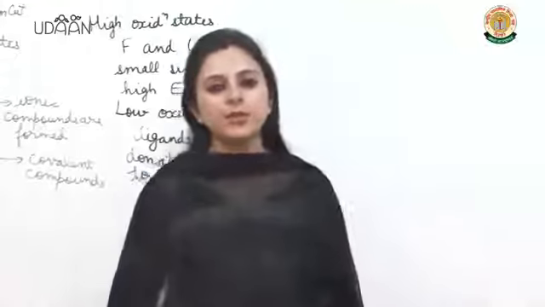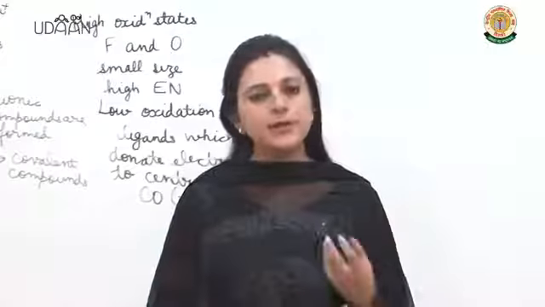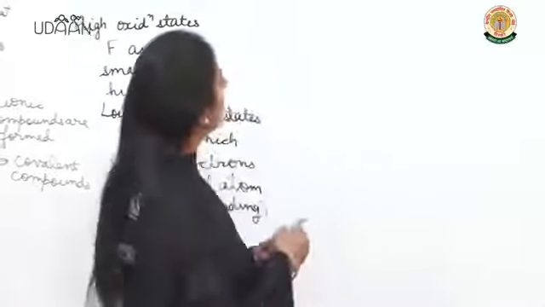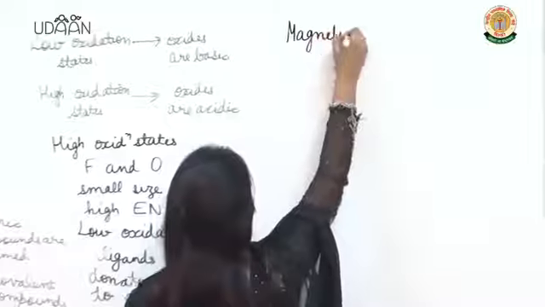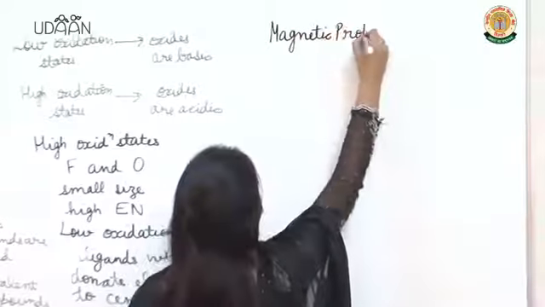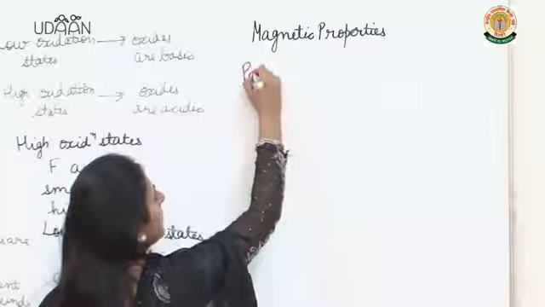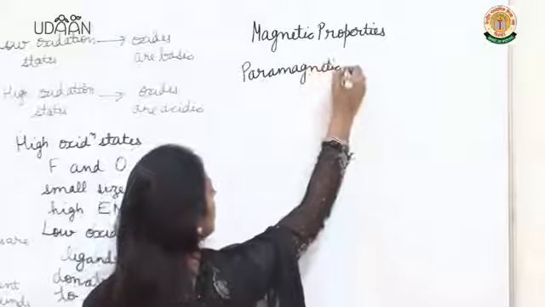Most common oxidation state which is shown by transition elements is +2, except scandium which shows +3. Now let us discuss the magnetic properties of transition elements. Their compounds and ions are paramagnetic.